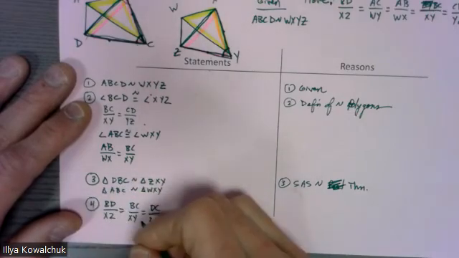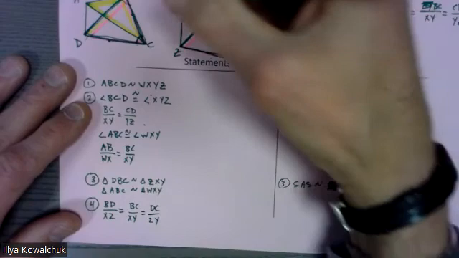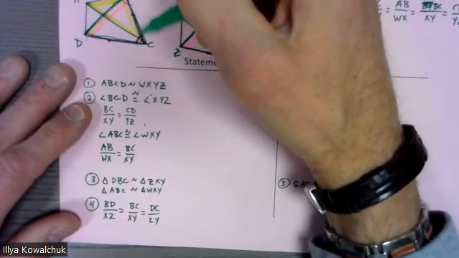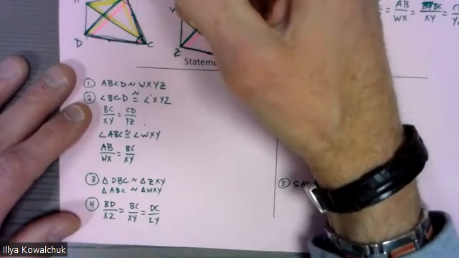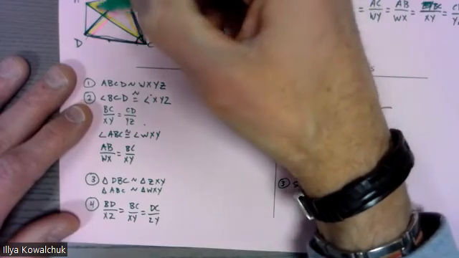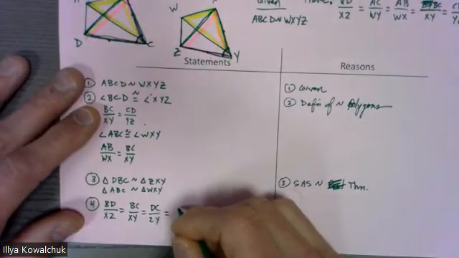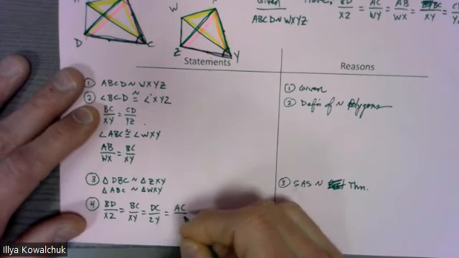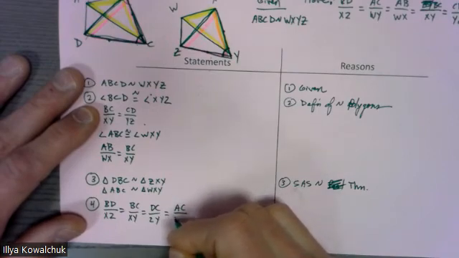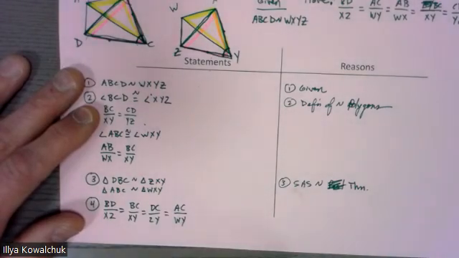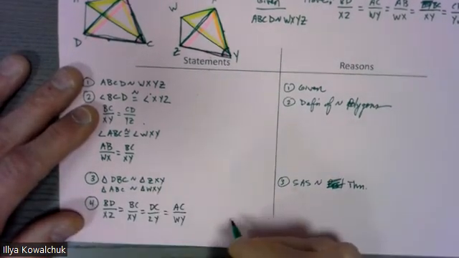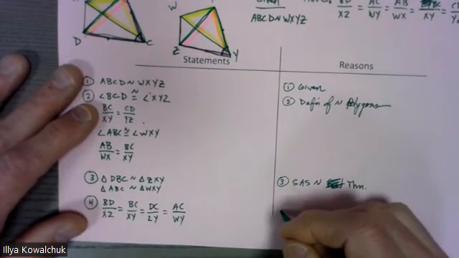So that's one side of the pink triangle. And then I can also notice that side BC is in the yellow triangle as well. So therefore, AC, the diagonal there, and WY are also in proportion to each other. AC is to WY. And that's my definition, again, of similar polygons.